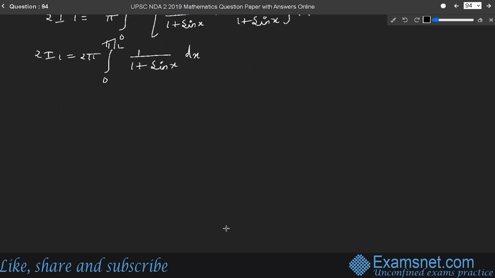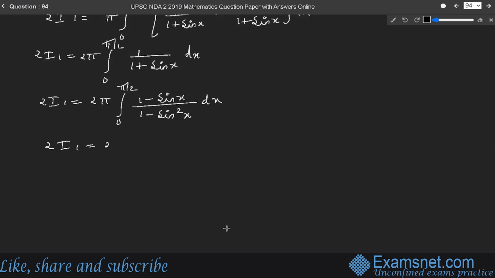On further solving, 2I1 is equal to 2 pi into integral of 0 to pi by 2, 1 minus sin x upon 1 minus sin square x. We have multiplied and divided by 1 minus sin x. So the denominator becomes a square minus b square.